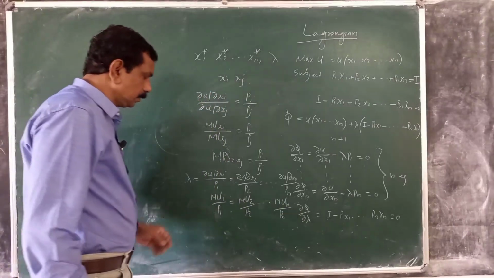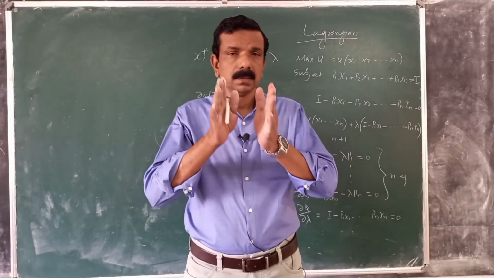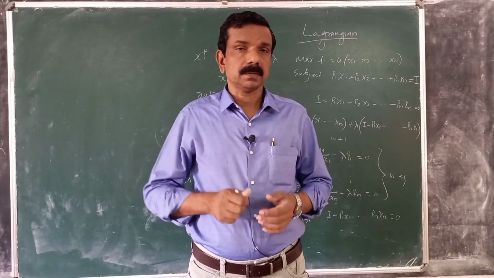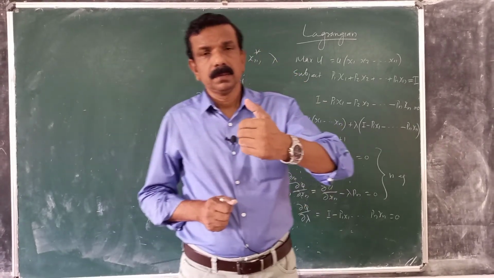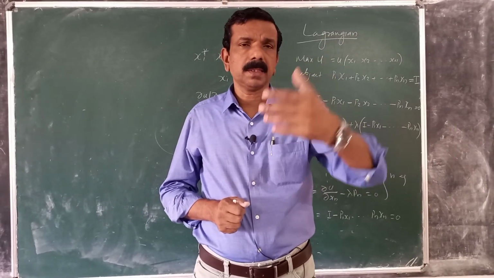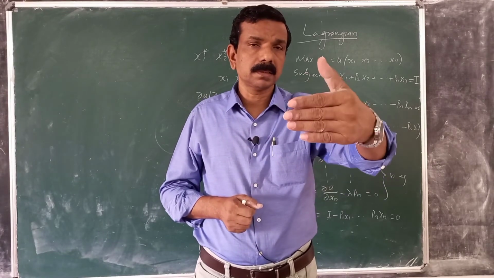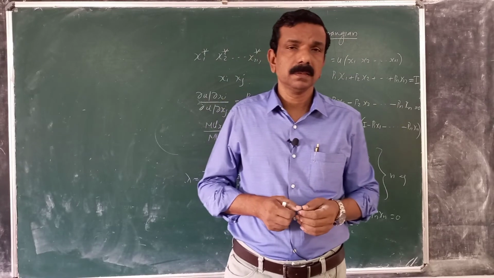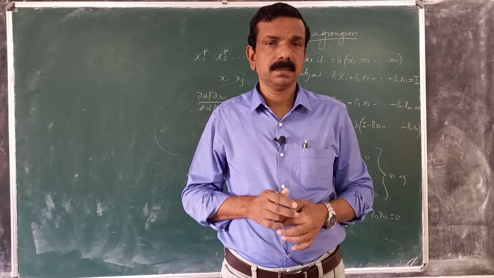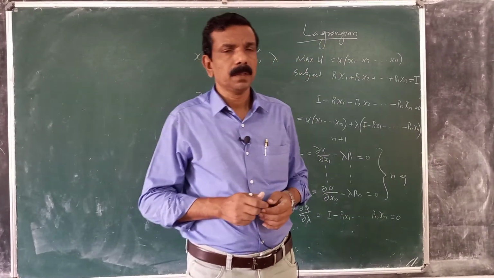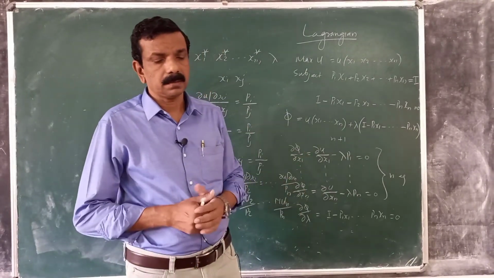And as we have seen, MU1 by P1 is the marginal utility from the last dollar, if the last dollar is spent on commodity x1. So, lambda is nothing but marginal utility per dollar, or it is the impact on the objective function caused by a 1 unit change in the constant of the constraint. That is, if income increases by say $1, its impact on utility is what is known as lambda.